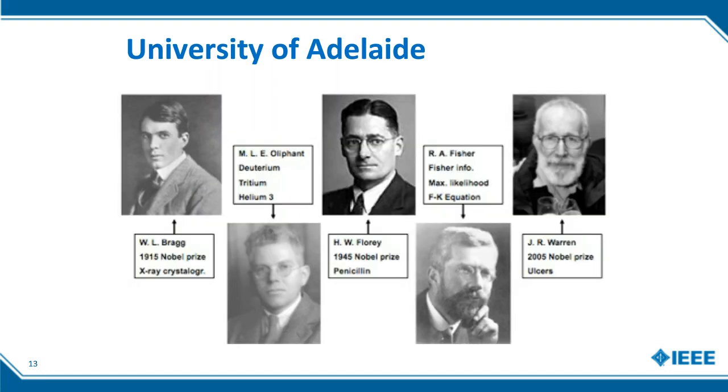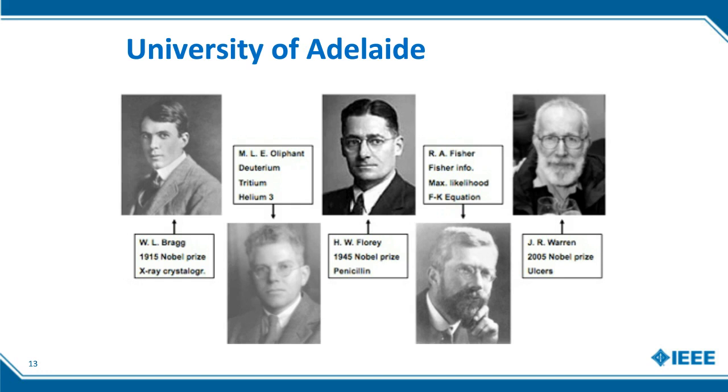Just a little bit about our university and its community. We graduated the 3 Nobel Prize winners shown on the top row. The 2 guys on the bottom row were not Nobel Prize winners, but they were pretty up there. As you can see, the first guy, Oliphant, discovered those isotopes that are very important today.